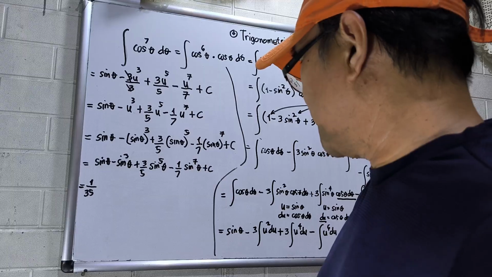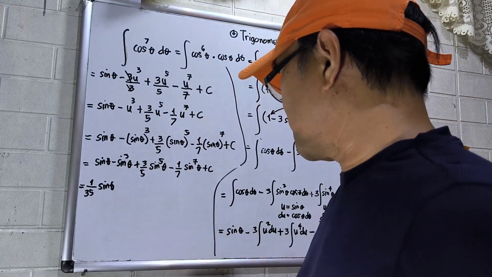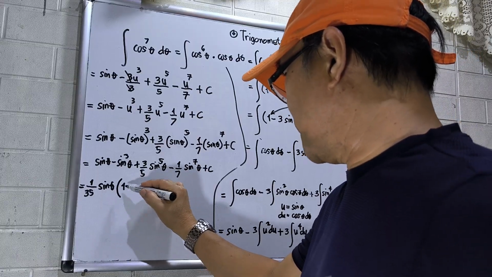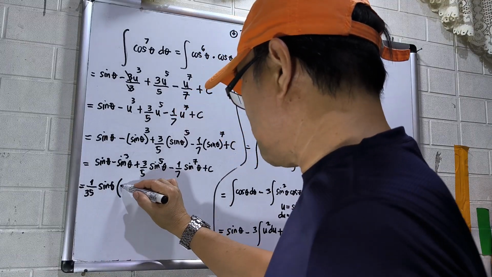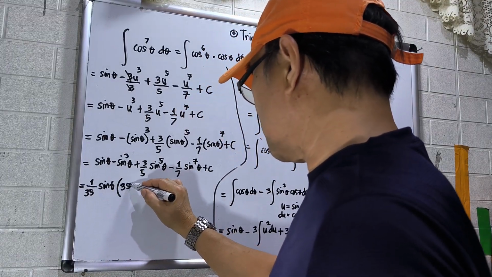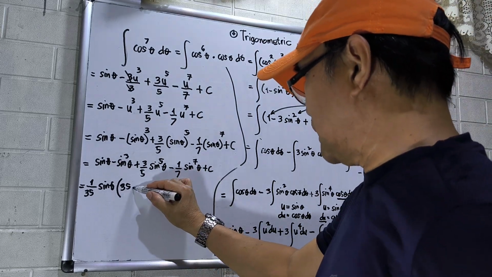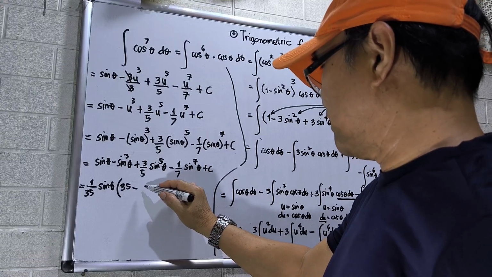Then the common factor is sine theta. Sorry, this will be 35. I'm wrong. It should be 35, and then minus 35 also.